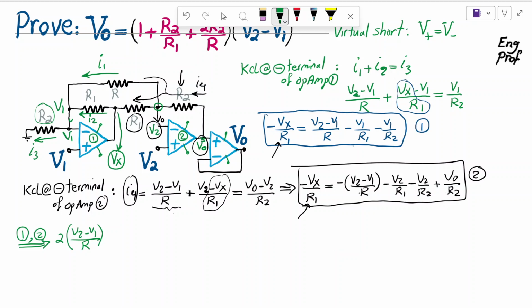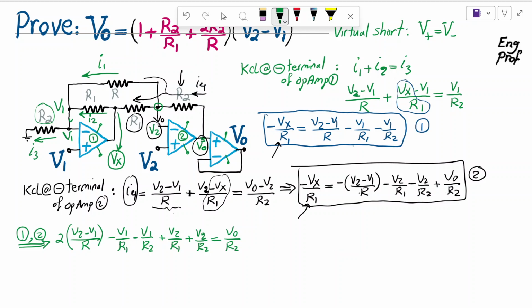So as a result, what I can write is 2 times V2 minus V1 over R, minus V1 over R1, minus V1 over R2, that's from equation 1, plus V2 over R1 plus V2 over R2 is equal to Vout over R2.